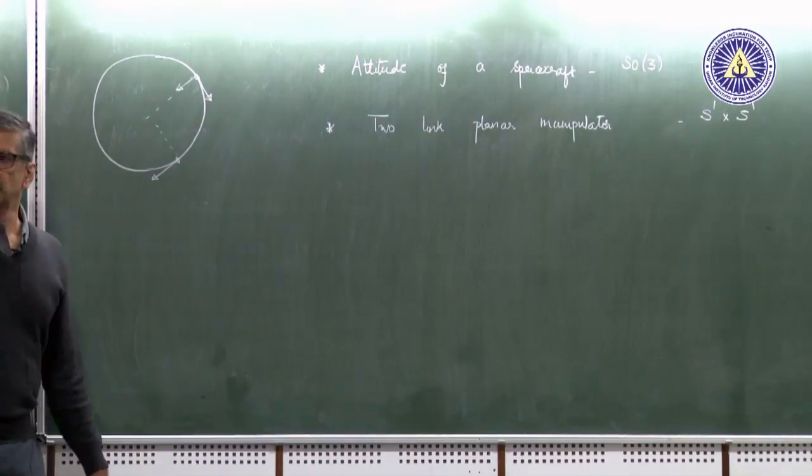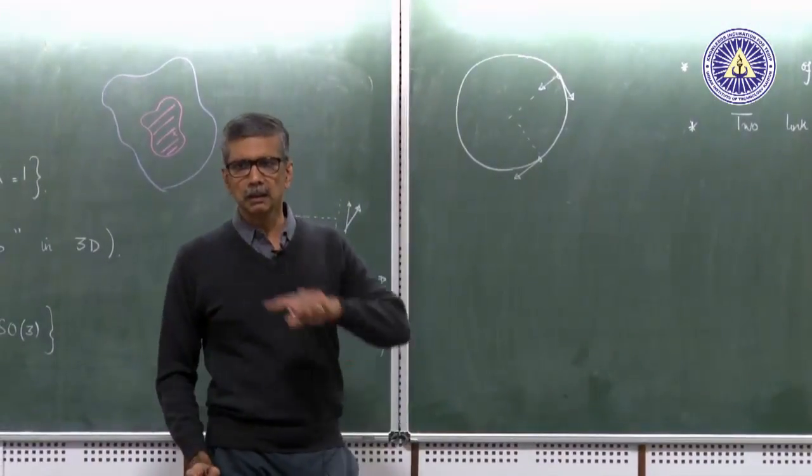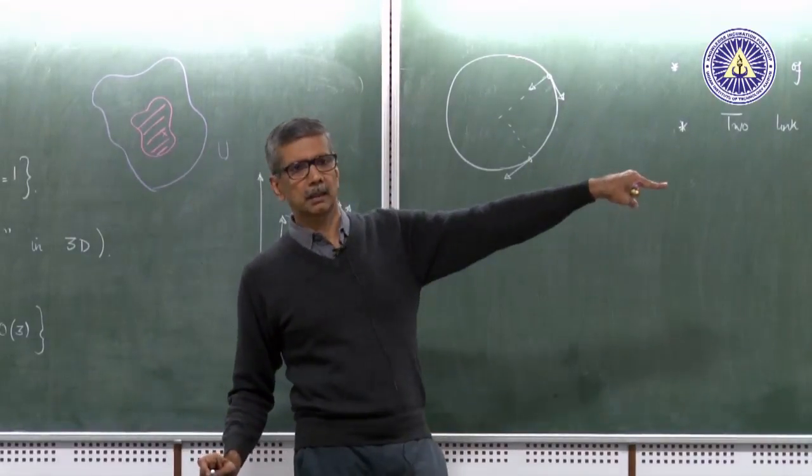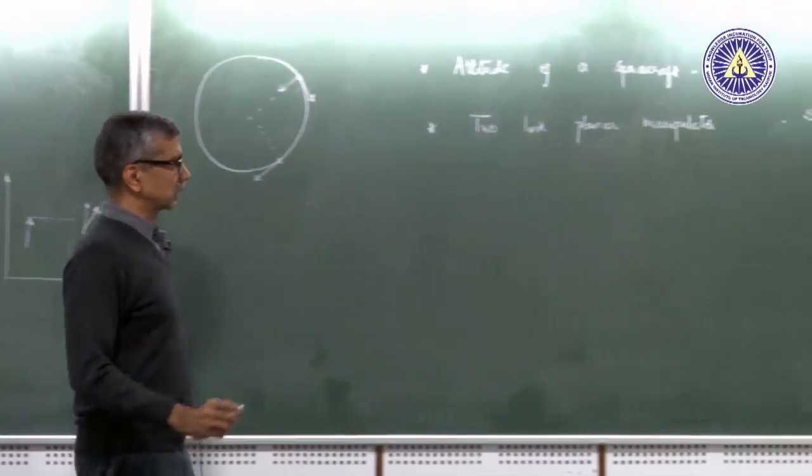The first joint is on a circle, the second joint is also on a circle, S1 cross S1. So, that is the geometric notation for configuration space.